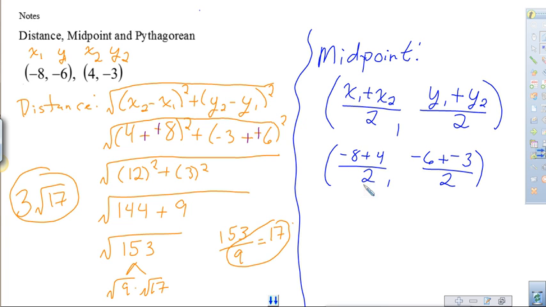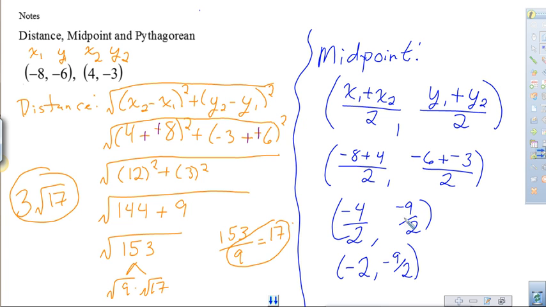Negative 8 plus 4 is negative 4 divided by 2. Negative 6 plus negative 3 is negative 9 divided by 2. And then divide them if you can. Negative 4 divided by 2 is negative 2. And this one you can leave as negative 9 halves, or you can change it into negative 4.5. I do not care. So, think about it. It should make sense.